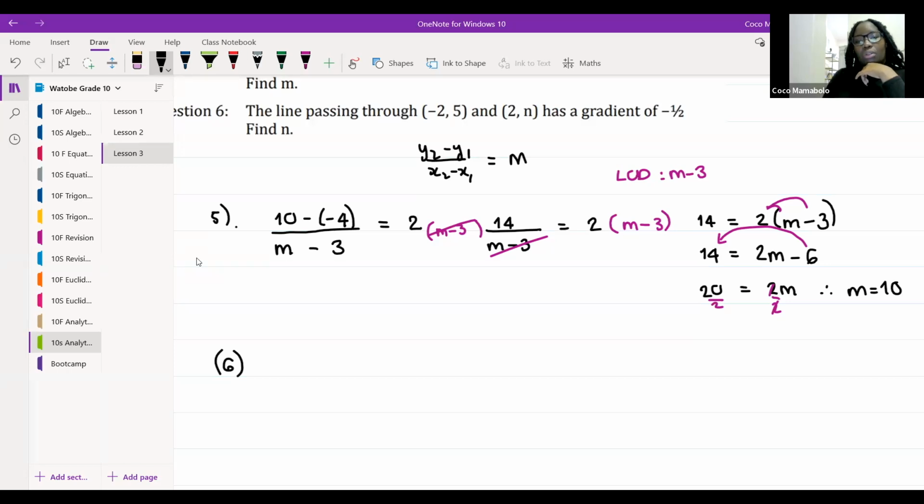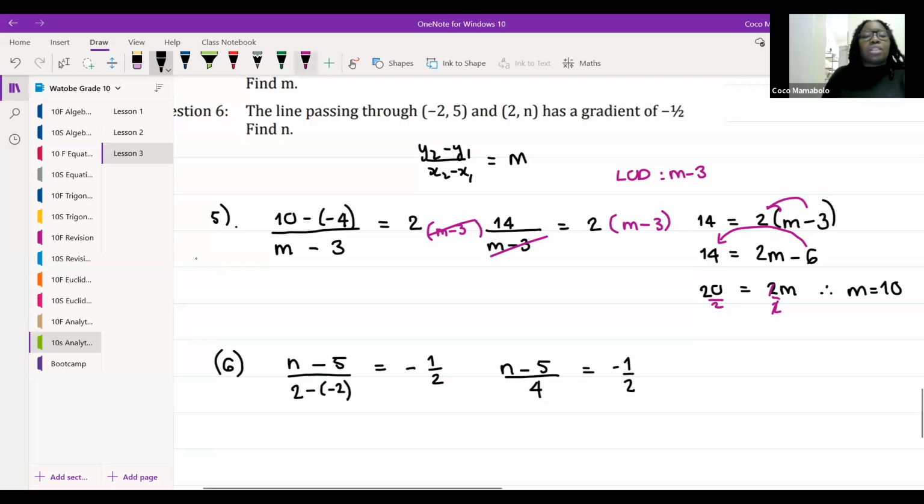So I'm going to go y2 (n minus 5) over (2 minus -2) is equal to -1/2. That's our gradient now. It's -1/2. So I'm then going to get (n minus 5) over (2 minus -2, which gives us 4) is equal to -1/2.